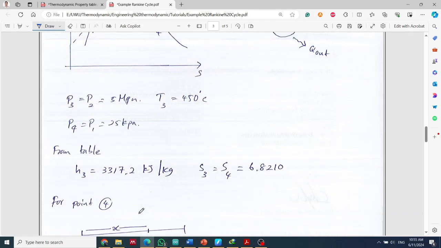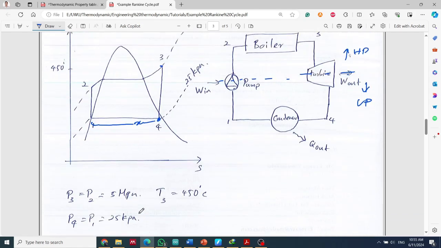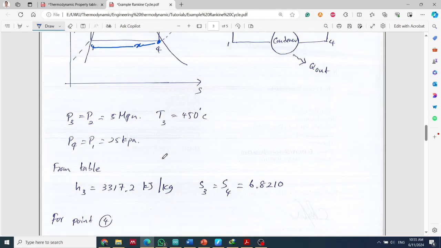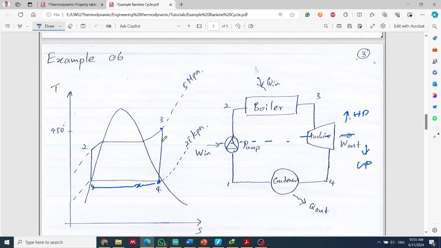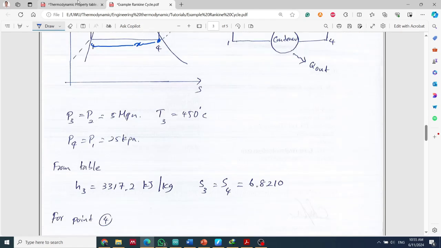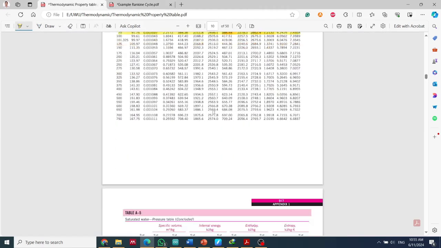The first thing to find is the H3 value. So let me refer to the superheated table, because we know this should be in the superheated region. Therefore we can refer to the superheated region to find H3. The pressure is 5 megapascal and the temperature is 450, therefore we can refer to the superheated table here.